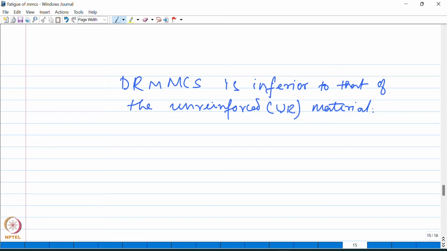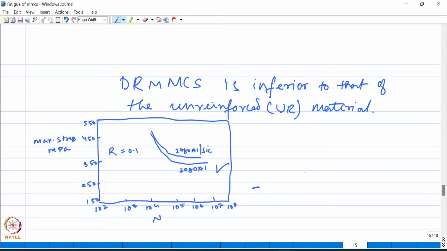For example, you can take the same composite that we discussed before while discussing the stress controlled fatigue behavior, that is that 2080 aluminium alloy reinforced with 15% silicon carbide particles. Okay, so if you recall, this is how the fatigue behavior looked like under stress controlled fatigue test.